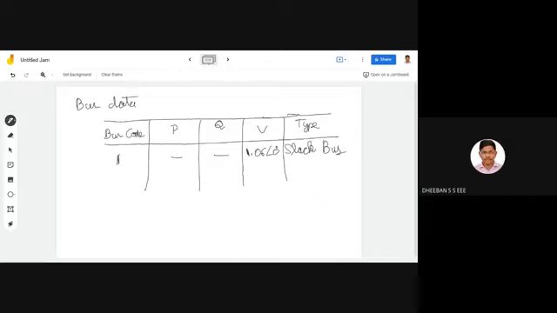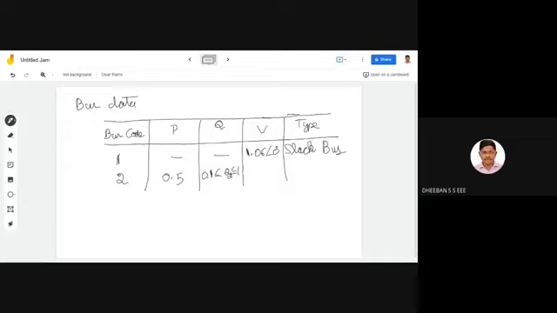With respect to the second bus, P is 0.5. And with respect to Q, they have given a range: 0.1 less than or equal to Q2, which is less than or equal to 1.